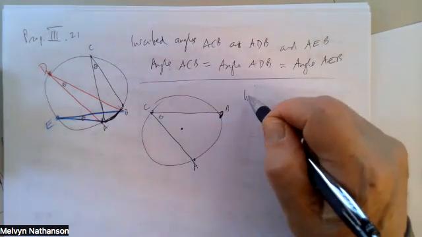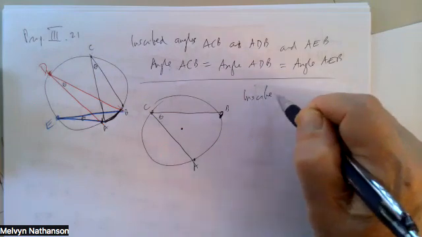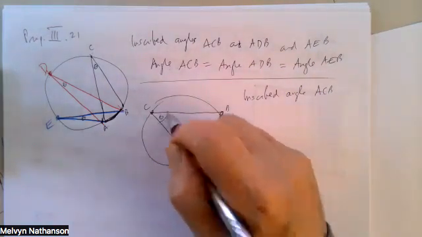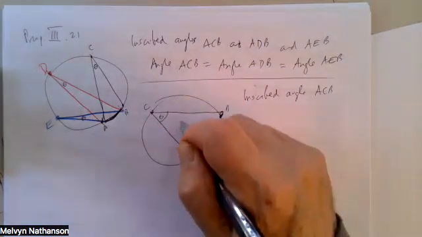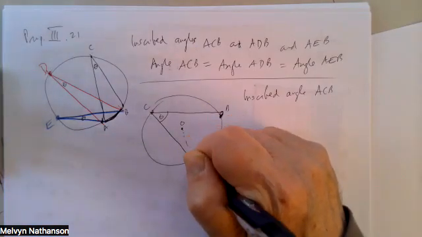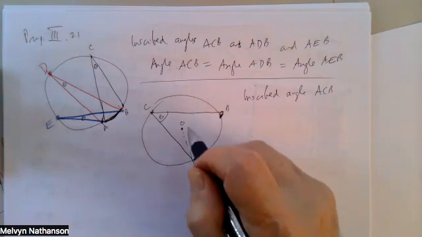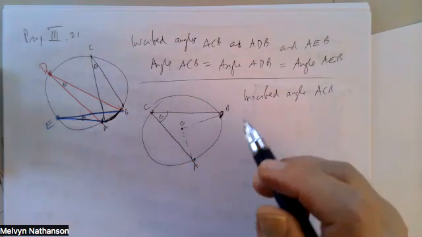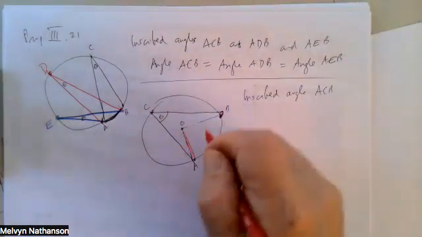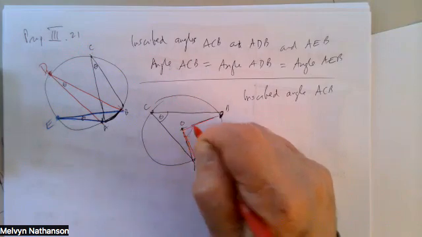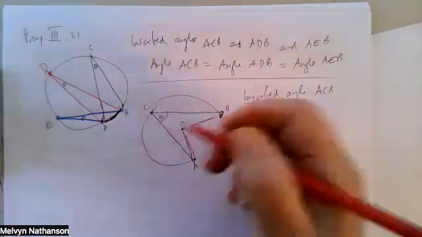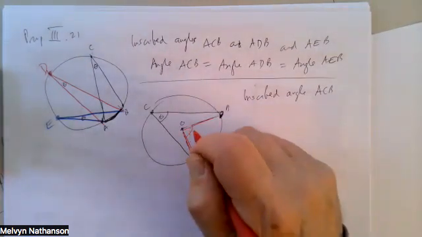So here I have inscribed angle ACB, theta. From the center of the circle, let me draw the lines from the center to A and the center to B. And then we call this angle alpha.